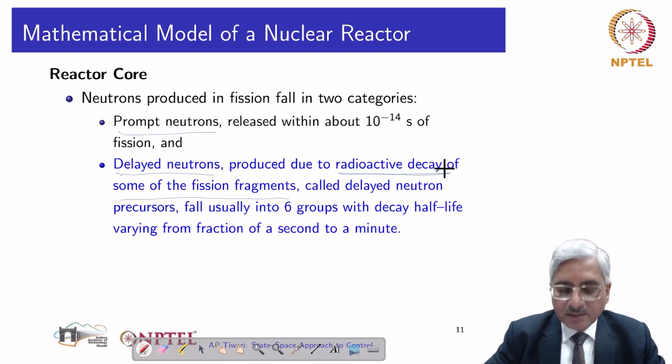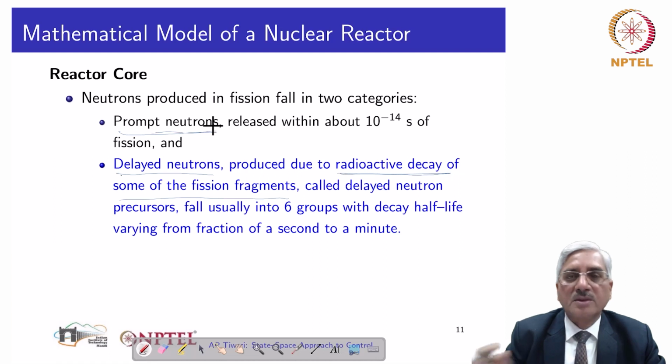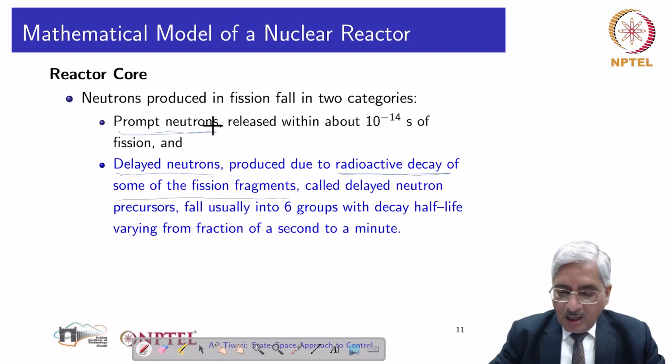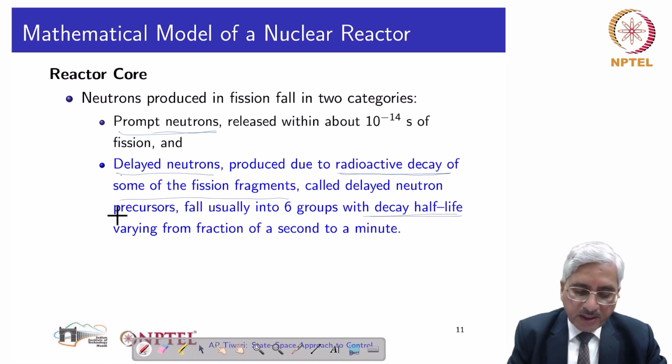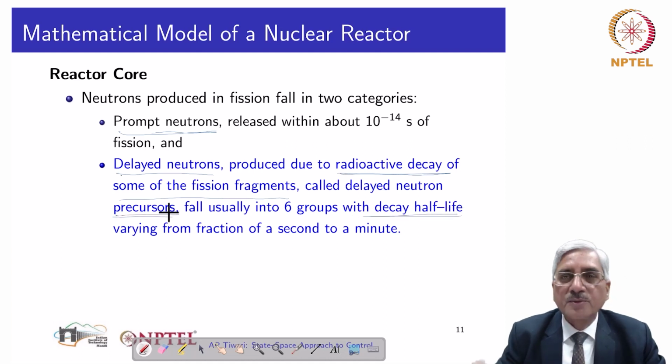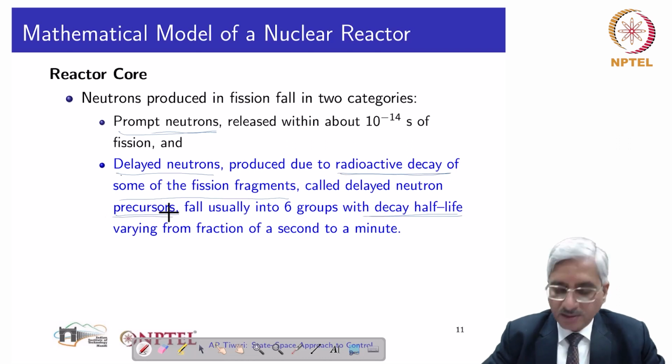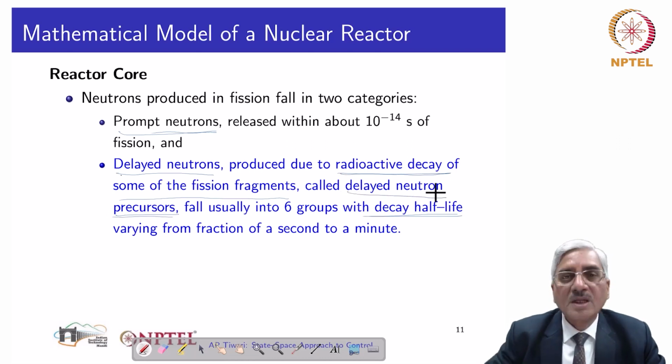Its production happens sometime after the fission event and after the production of prompt neutrons, and that time depends upon the decay half-life of the precursor. The fission fragment which produces delayed neutrons is called the delayed neutron precursor.